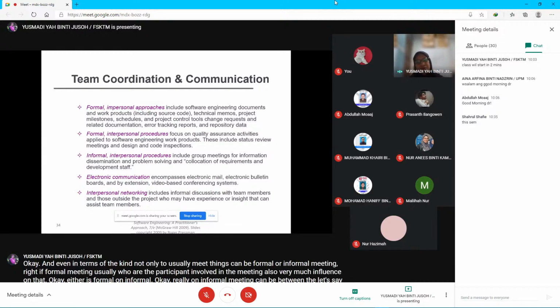Formal meetings usually have a proper agenda, proper times set up, and defined participants, and they record everything in the meeting minutes. So they have a secretary or someone jotting down the meeting. So that is on the communication.